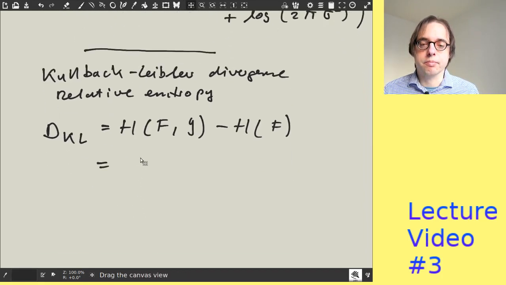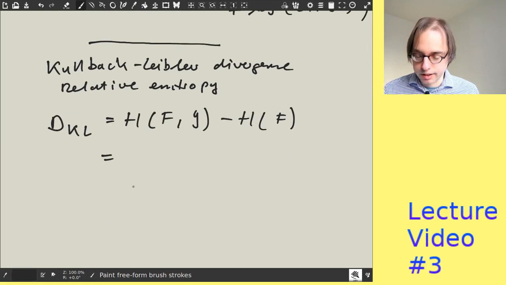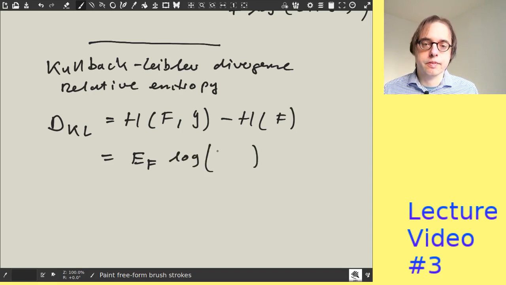If we plug in the definitions, this is the expectation of the log of the ratio of f(x) over g(x).